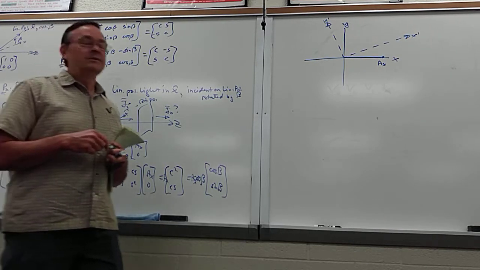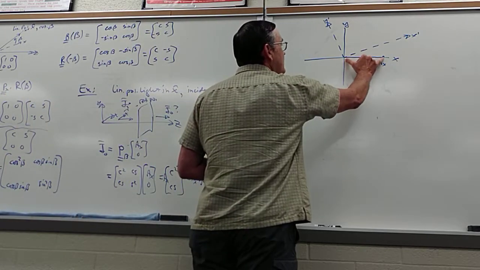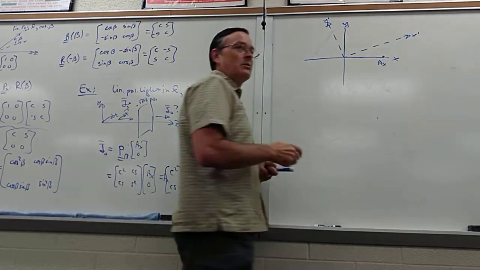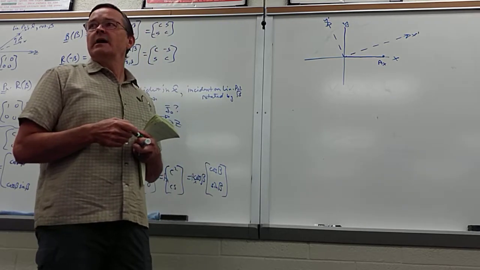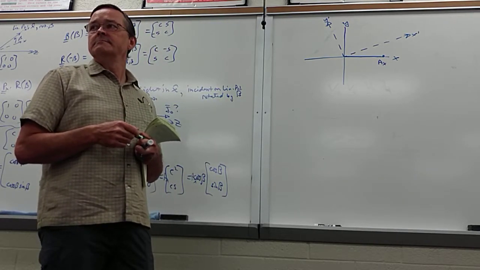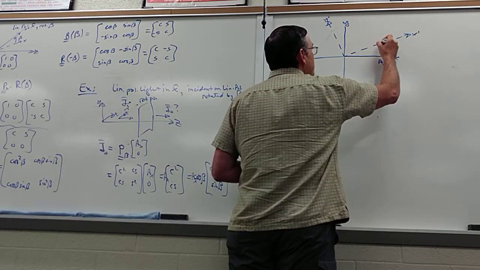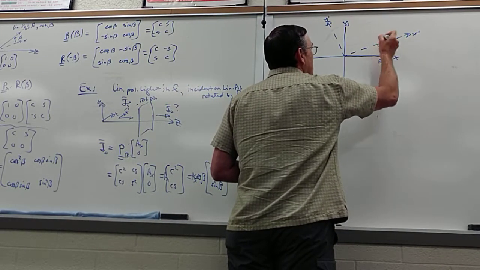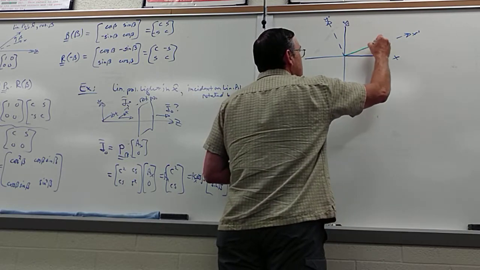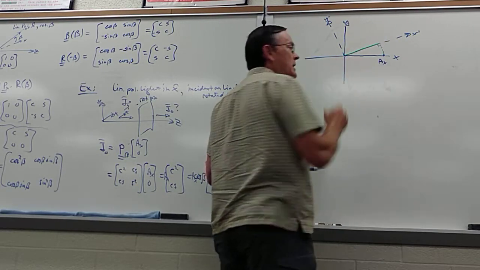X prime. So we want to know what component of this does the polarizer pass. How do we figure it out? If we take a perpendicular from here, then this has to be the amount that's passed by the polarizer.